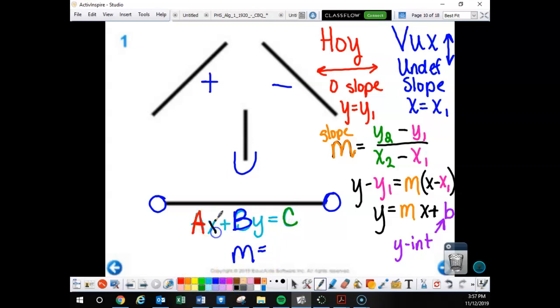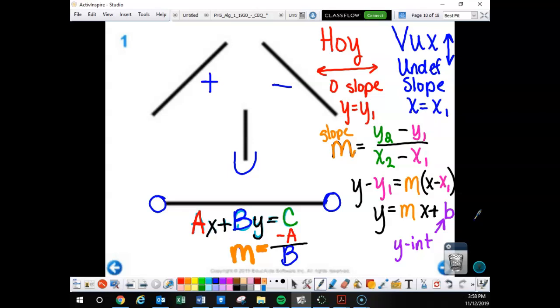So I should have just done this in black, but okay. My slope from a standard form equation is going to be the opposite of A, so negative A divided by B. Okay, so this is the stuff you should be writing down on the top section or somewhere.